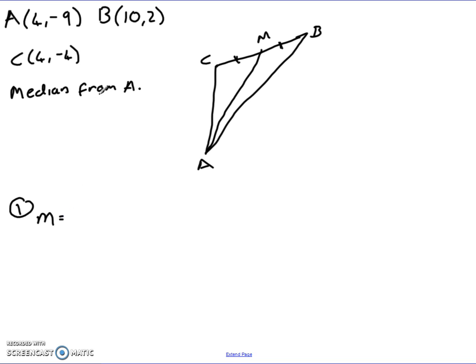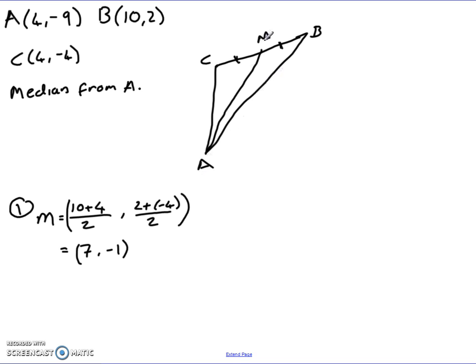So we use our midpoint formula for B and C. We do 10 plus 4 divided by 2, and then we do 2 plus -4, and we're going to divide that answer by 2 as well. Doing this, 10 plus 4 is 14, divided by 2 we get 7. 2 plus -4 is -2, divided by 2 you get -1. So we know our point M is located at the point (7, -1).